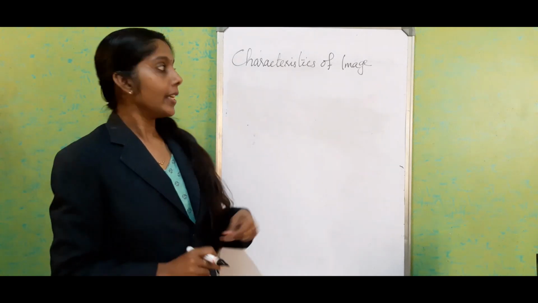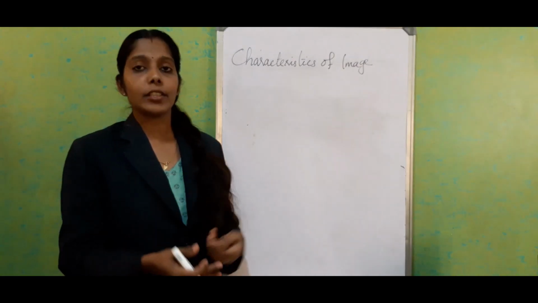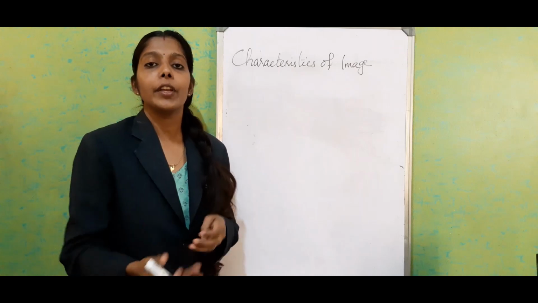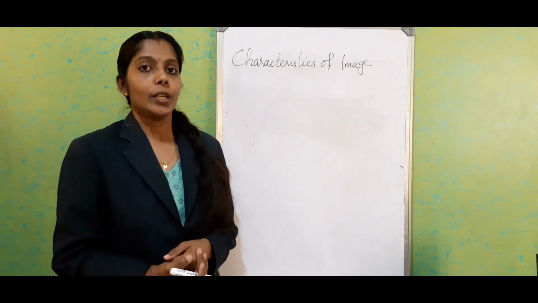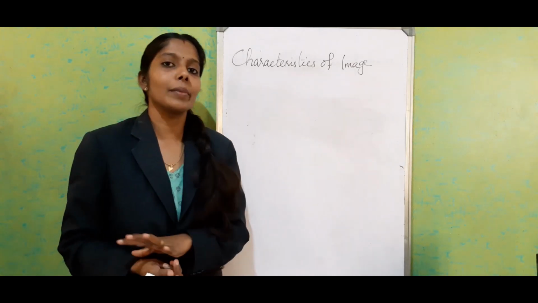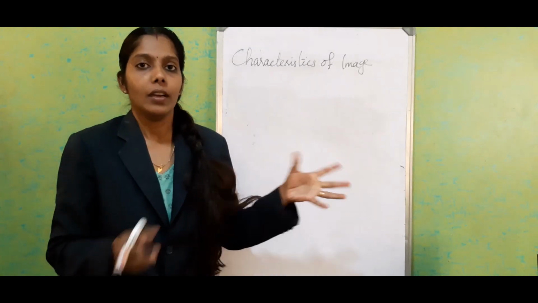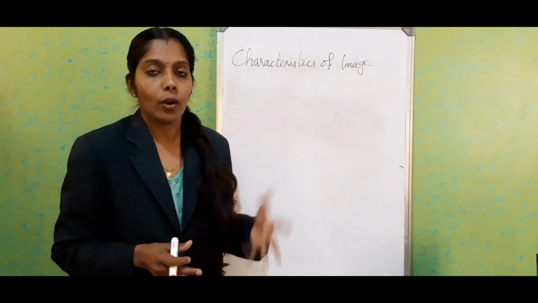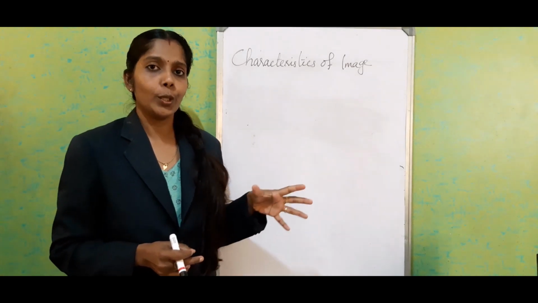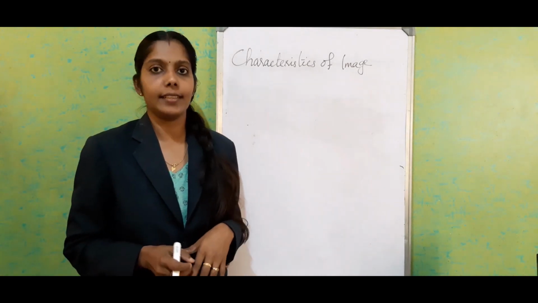Now we are going to see the characteristics of the image formed when we draw the ray diagrams. This is somewhat similar to mirrors. We studied last year how to draw the ray diagram for concave and convex mirrors. This is also somewhat similar, but slight variations are there.